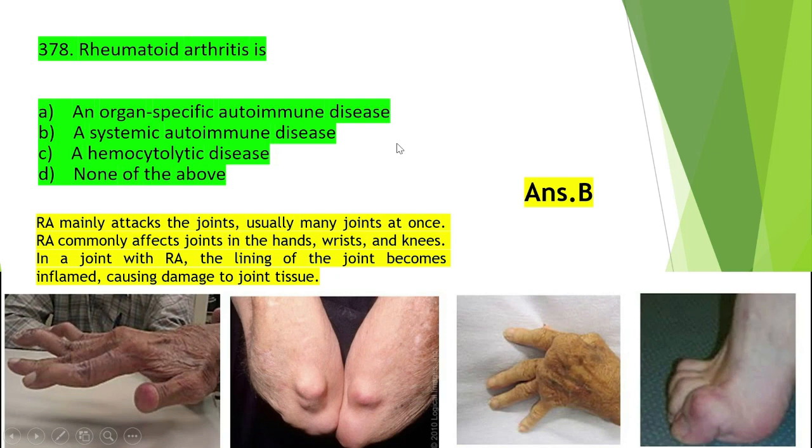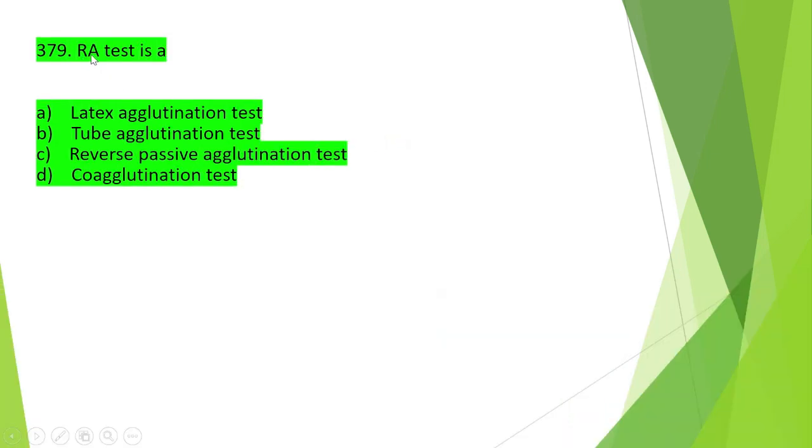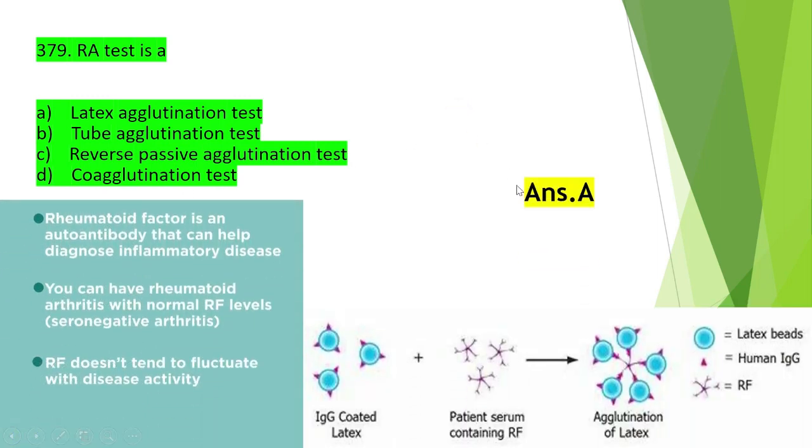The next question is, the RA, that means rheumatoid arthritis, test is a latex agglutination test, tube agglutination test, reverse passive agglutination test, or co-agglutination test, and the right answer is option A, that is latex agglutination test. Here the rheumatoid factor is an autoantibody that can help diagnose inflammatory disease.